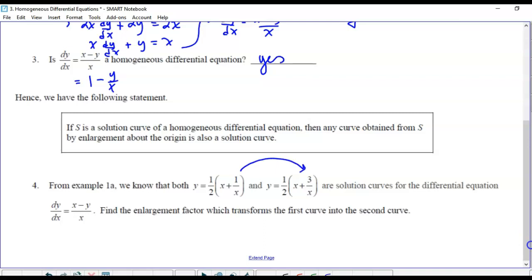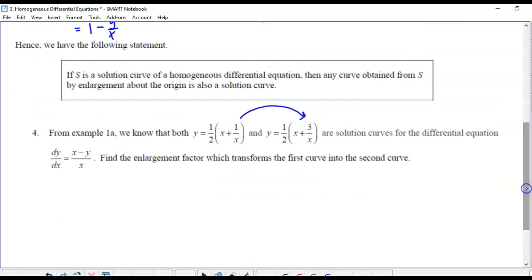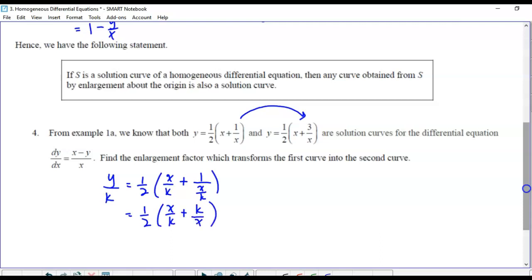Okay, so we are going to replace y with y over k, x with x over k, and then multiply through by k.